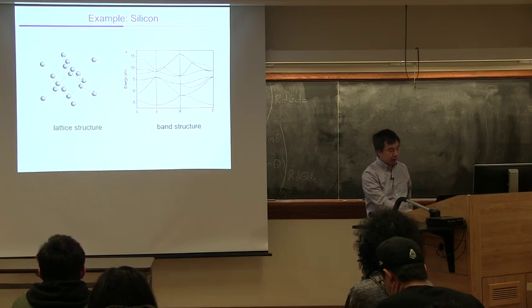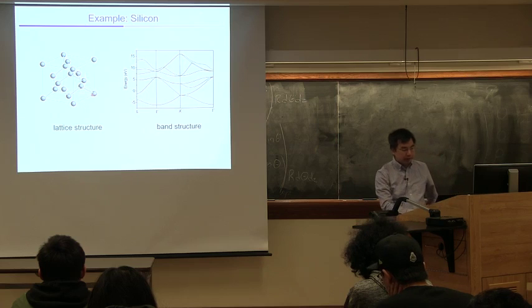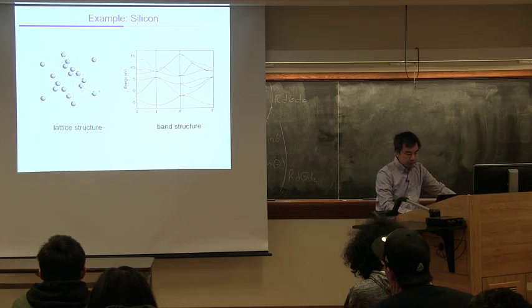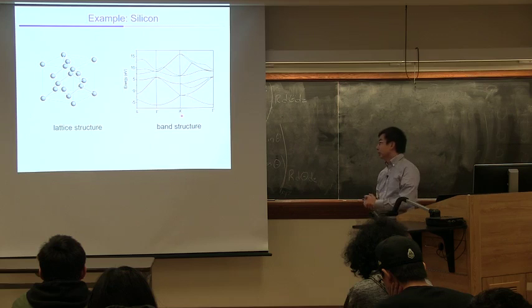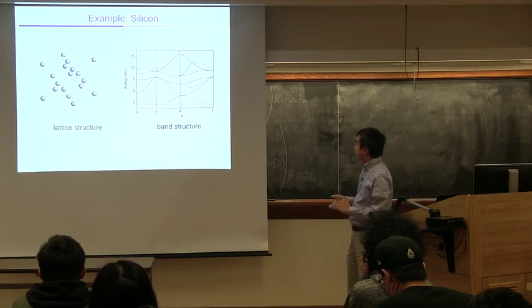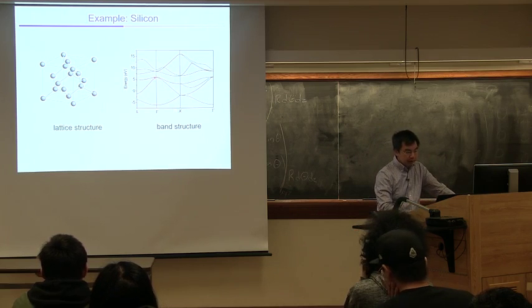Okay, so this is an example about band structure. This is the lattice structure of silicon. It has a diamond structure, and this is the band structure. In the tutorial, we're going to generate this band structure following the instructions there. You can see that this is an indirect band gap material because the valence band top is at the gamma point, whereas the minimum of the conduction band is near the X point.